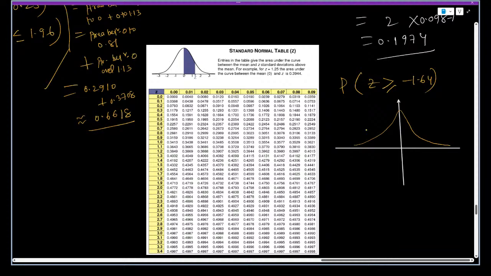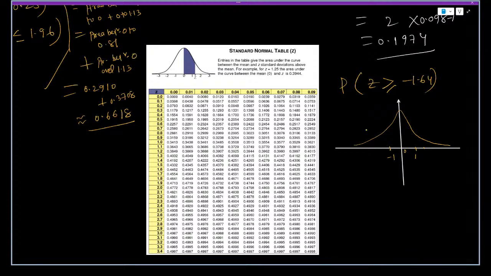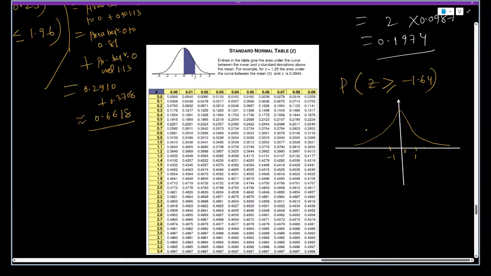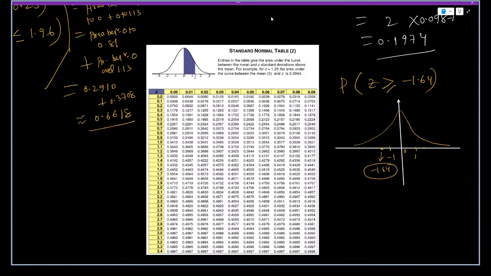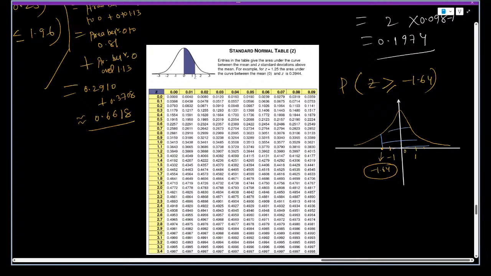The curve will be like this: 0, 1, 1.64. This is 1. This is minus 1. Minus 1.64 lies somewhere like this. Say this is minus 1.64. Your problem is to find P of z greater than or equal to this, meaning this whole area.